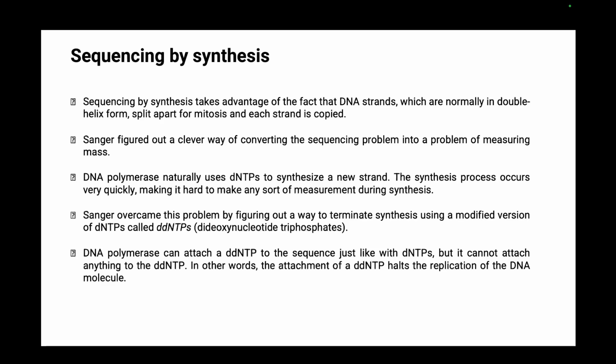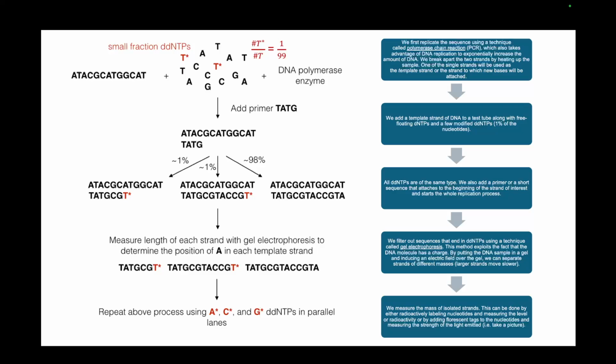And if you want to slow it down, you just use ddNTPs instead of dNTPs, because after adding a ddNTP, there cannot be further addition of any bases. So that's the whole concept of sequencing by synthesis: you try to synthesize one particular base, then you stop the synthesis and check what base has been synthesized, and then you continue again. That's the whole idea behind it.